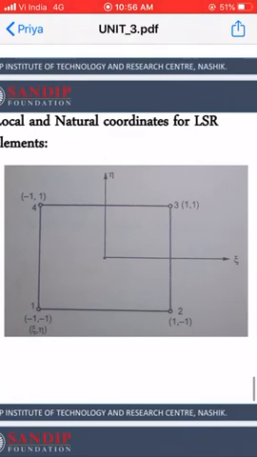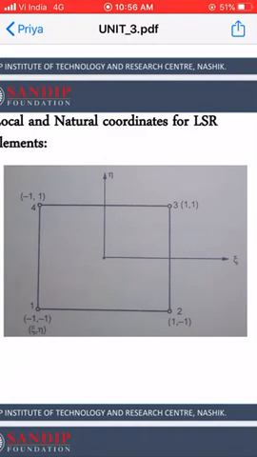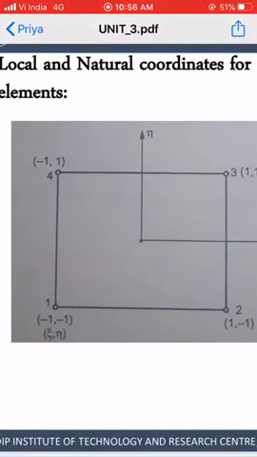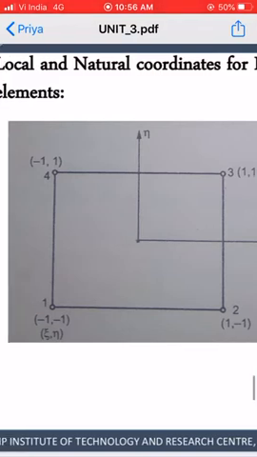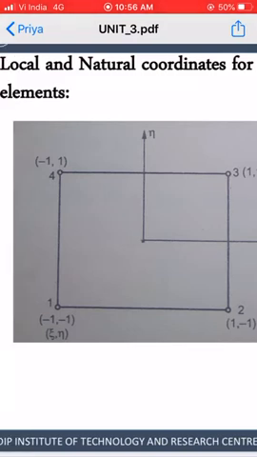So for the LSR element we can write the natural coordinates zeta and eta as, for the first node, look, this is the first node. As we know, the values of zeta lie between -1 to +1, similarly eta also lies between -1 to +1. So we can write zeta and eta by using this system. Okay, how to remember this eta and zeta?